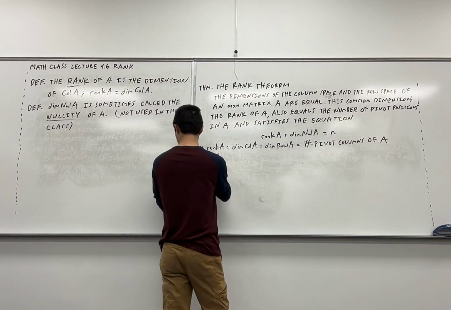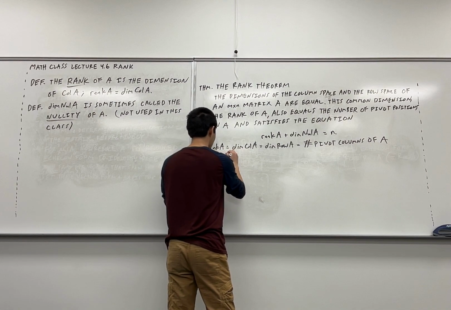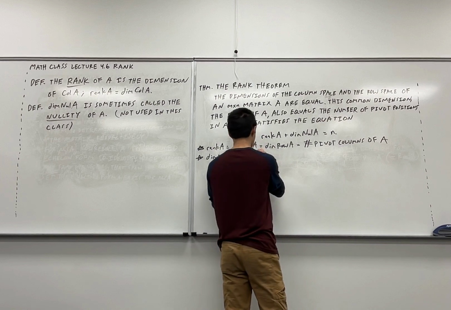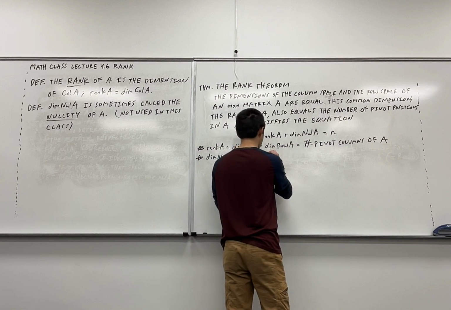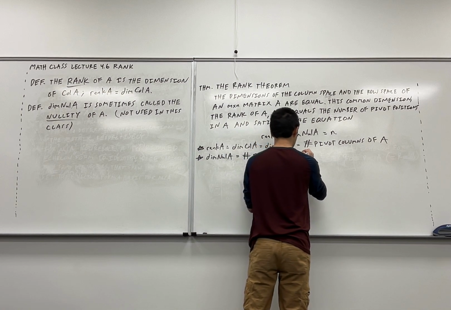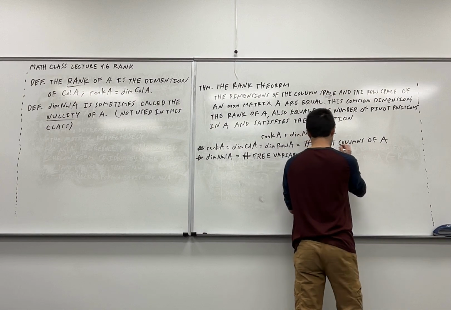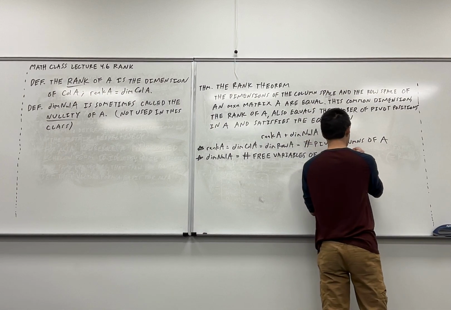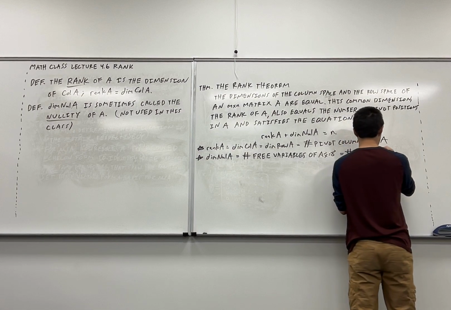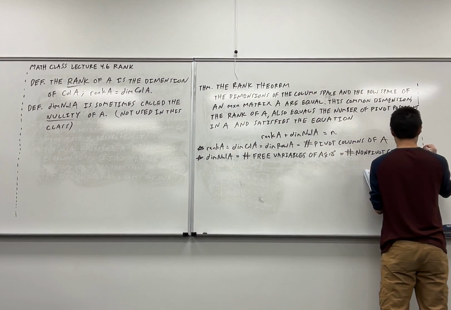Okay. Now, also think about this. The dimension of the null space is the quantity of free variables there are. So how many free variables are there if Ax equals the zero vector? We're effectively just asking how many non-pivot columns there are in the original matrix.